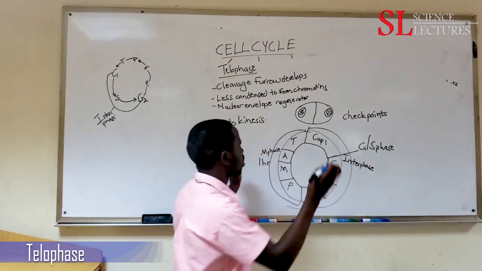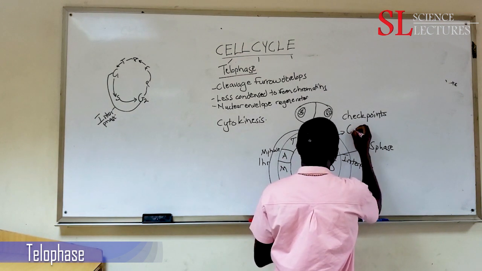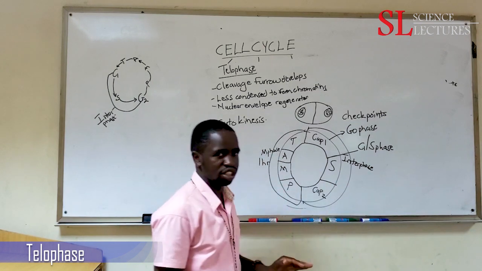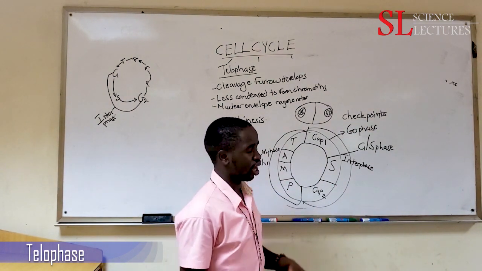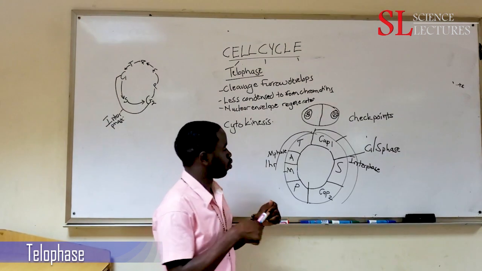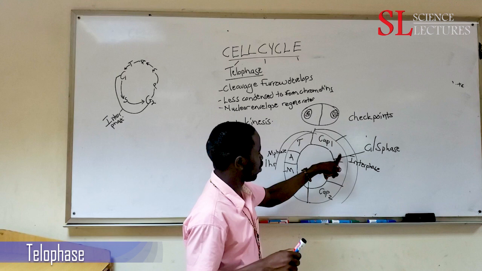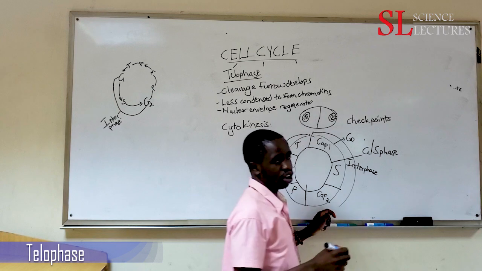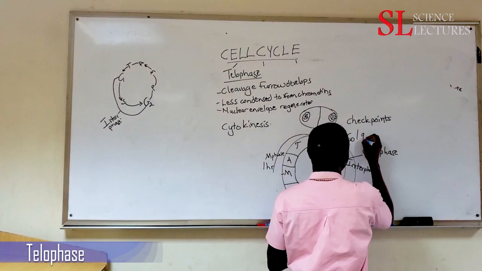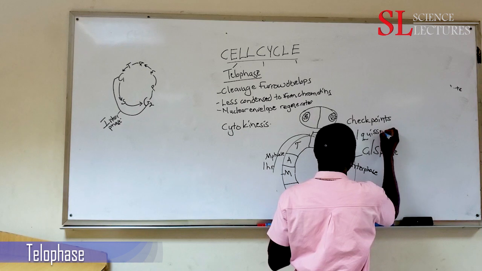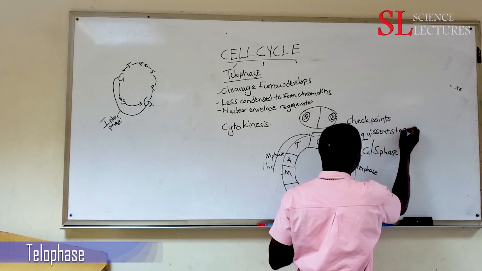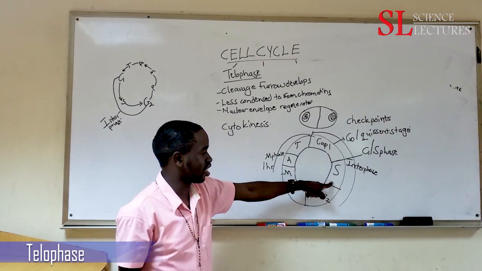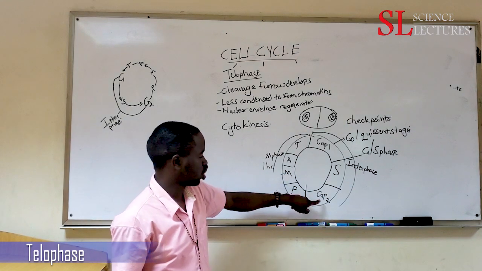If they are not fulfilled, the cell shall enter what you call the G0 phase. The G0 phase is when the cell is not preparing to divide. When this signal is not overridden, the cell shall enter a period called the G0 phase, or what they call the quiescent stage, when the cell is no longer dividing. However, if the conditions are fulfilled, the cell shall enter the S phase, then the G2 phase.